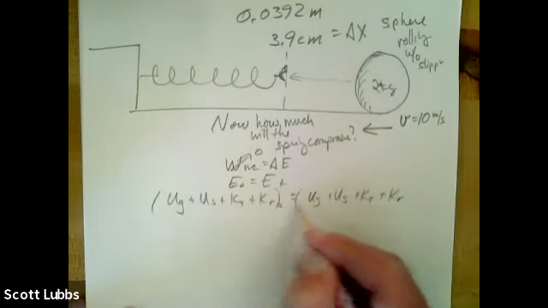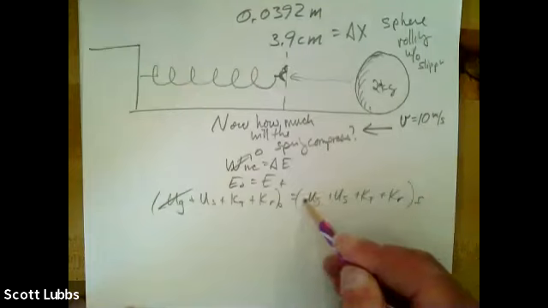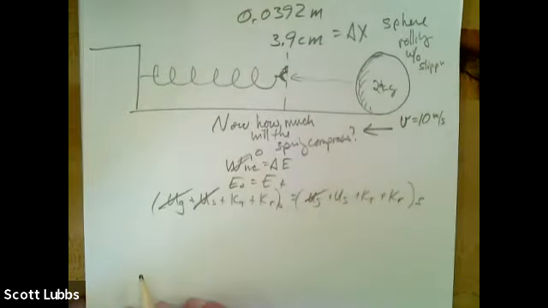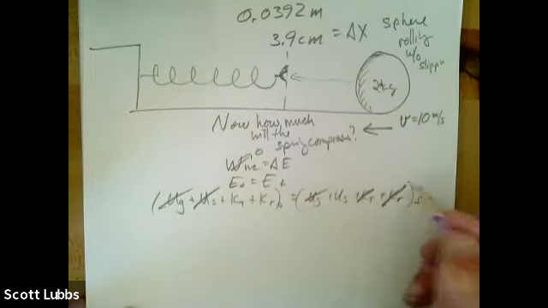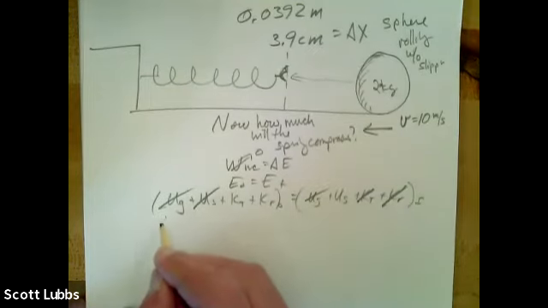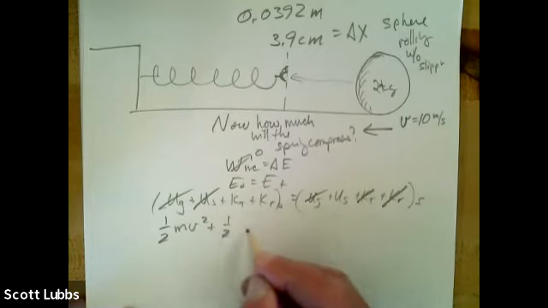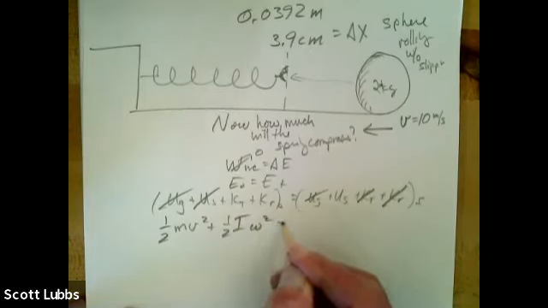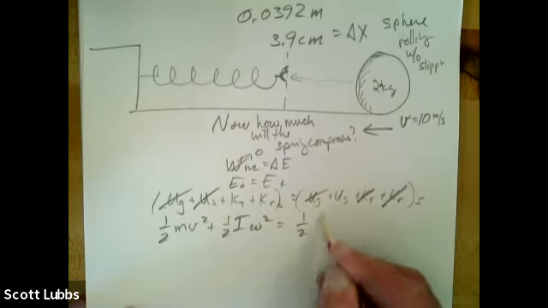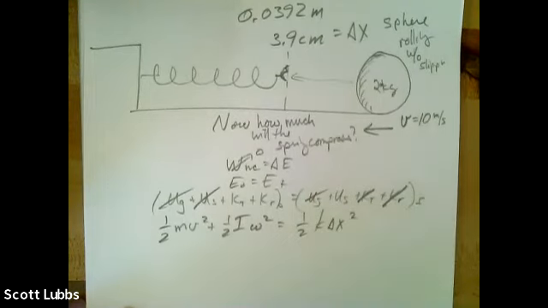This is initial. This is final. Those two are the same. It's not compressed. I want it to stop. So I have 1/2 m v squared plus 1/2 I omega squared equals 1/2 k delta x squared.